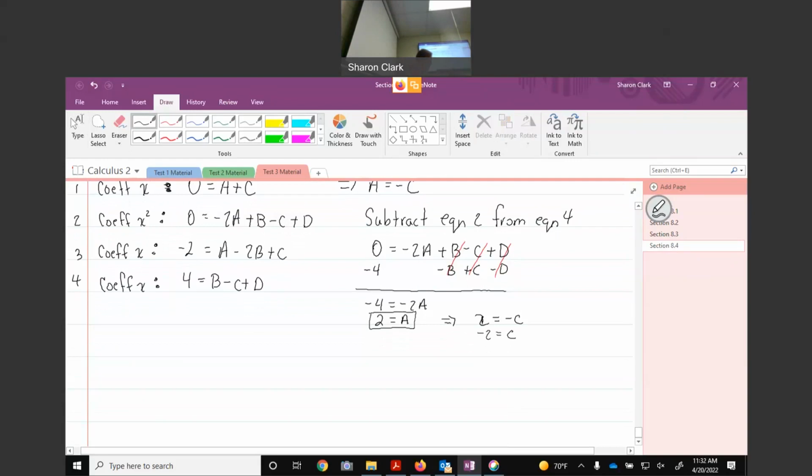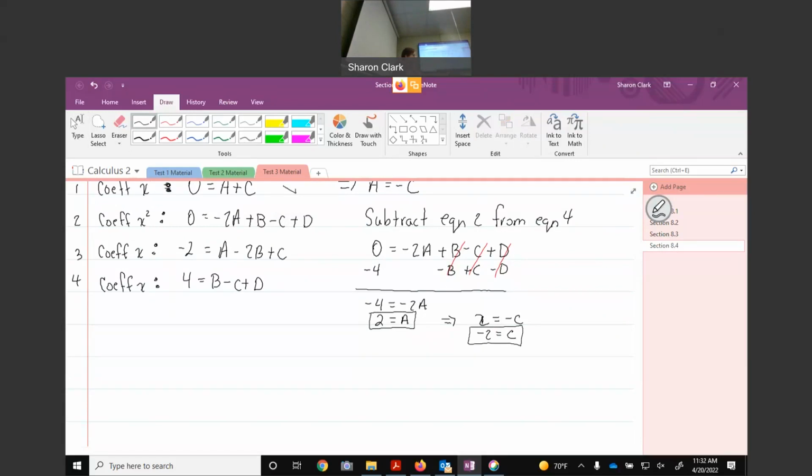Now I need to find B. Let's go to equation 3 because it's got A and C and B, and I need B and D. A plus C equals 0, I've used up that one, I can't use it anymore.